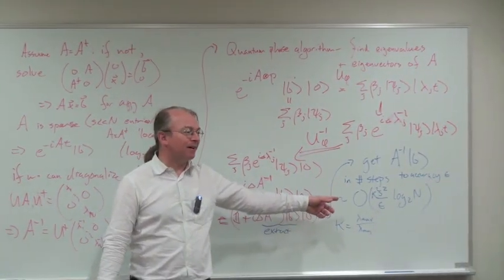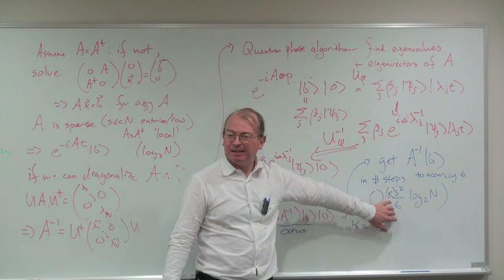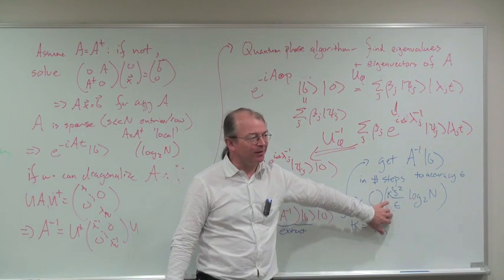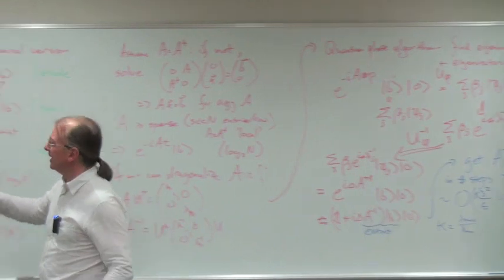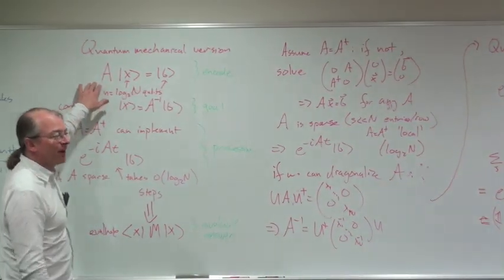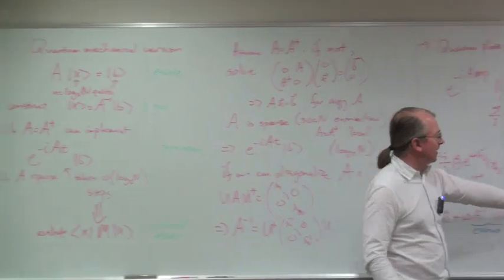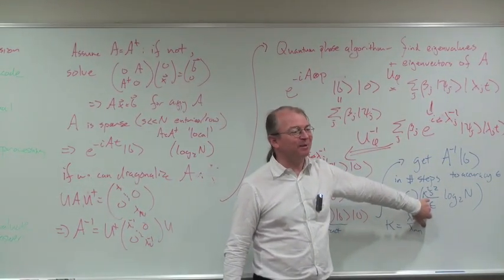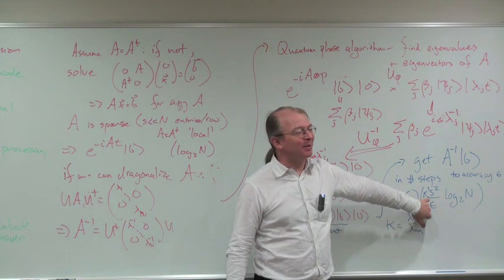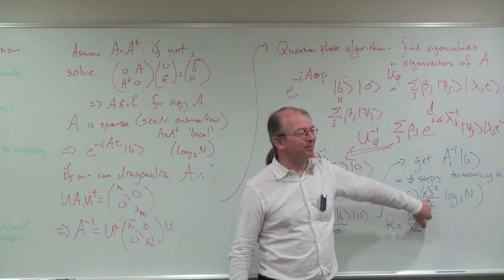And since it's log n, it would be quite bizarre, very strange, if you had a better dependence on the error. In fact, since you can rephrase computational problems in this way, you can show that if you had a log epsilon down here, then you'd be able to solve NP complete problems in time log n on a quantum computer. And that seems unlikely.